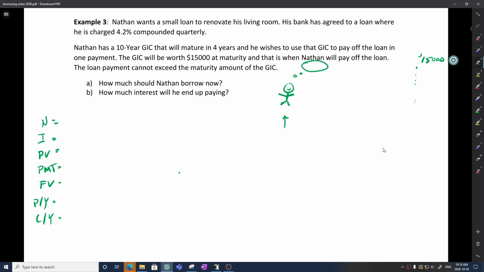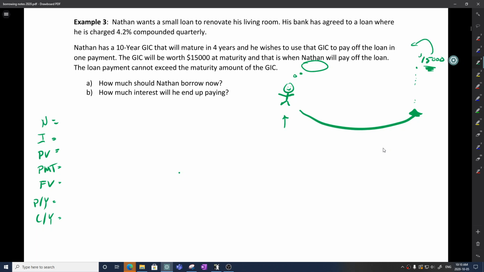Why don't I, this is his thought, and it's a really great thought, and it sort of shows the value of thinking about money creatively. Why don't I take out a loan so that in 4 years' time, the future value will be $15,000. And then very simply, I can take this and just pay off the loan.